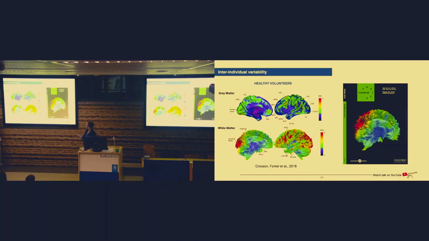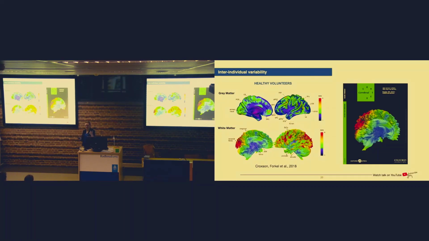So this was done on a data set called the Human Connectome Project, which is a huge data set that was acquired in the US. President Obama, back in the day, launched the initiative, and it's a fantastic data set that came out of it with a multitude of different types of imaging.